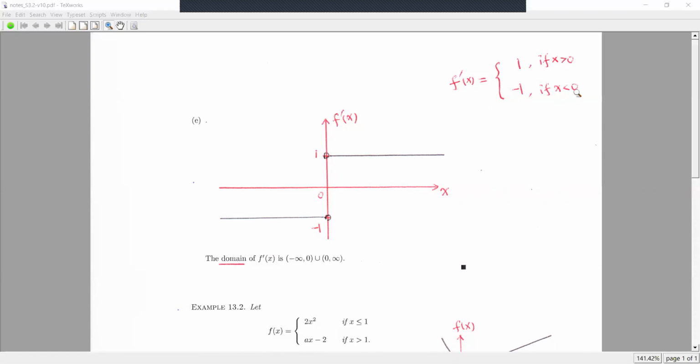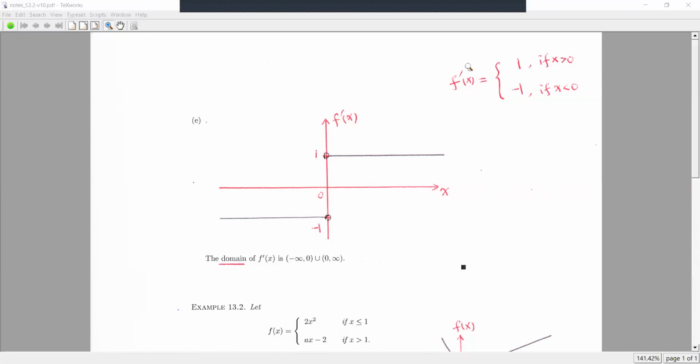When x is less than 0, the derivative at x is -1. So for x less than 0, the graph of this function is this horizontal line. The height of this horizontal line is -1. From part C, we learned that derivative at 0 doesn't exist.